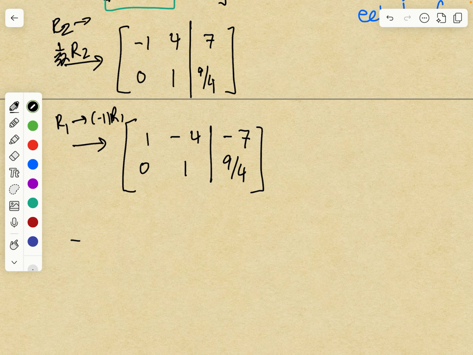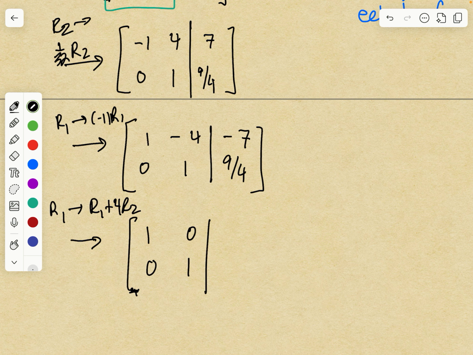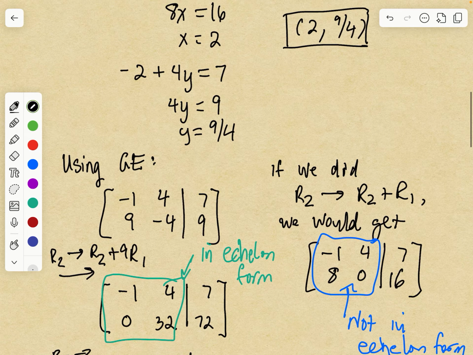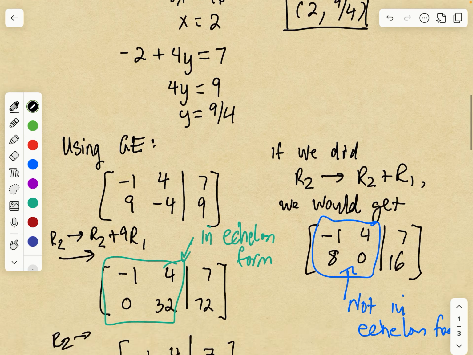And then the last step is to replace row 1 by row 1 plus 4 row 2. And that will give you this. And so x is 2 and y is 9/4, which matches what we got above.